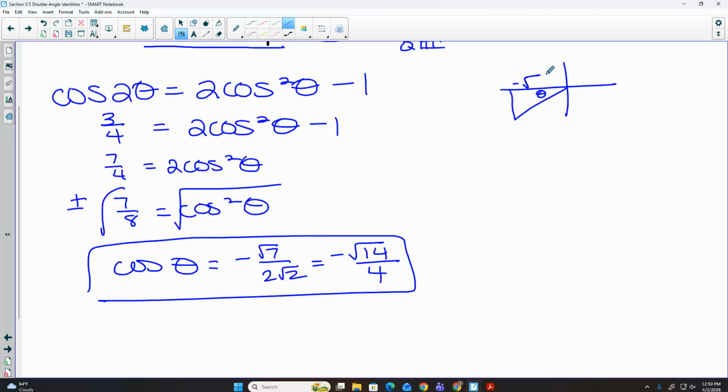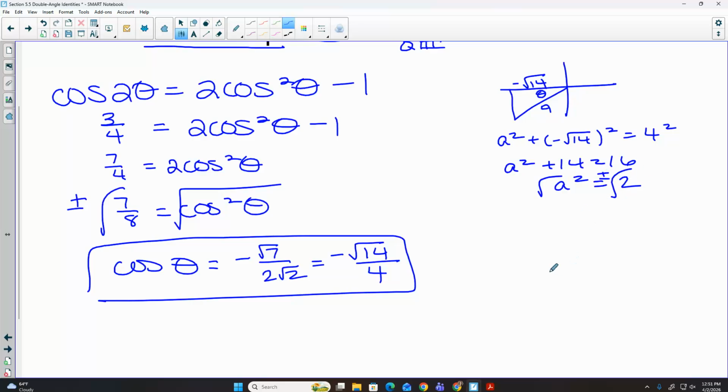Cosine's adjacent over hypotenuse. Square root, plus or minus, which one would this be? Positive or negative?